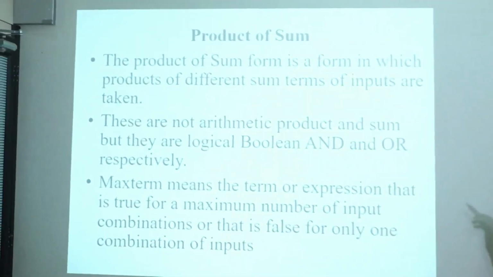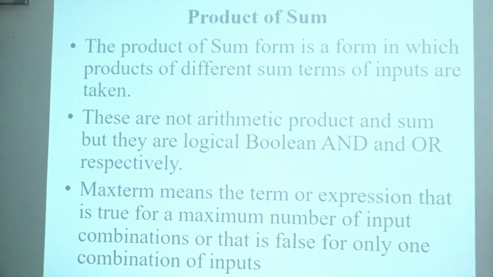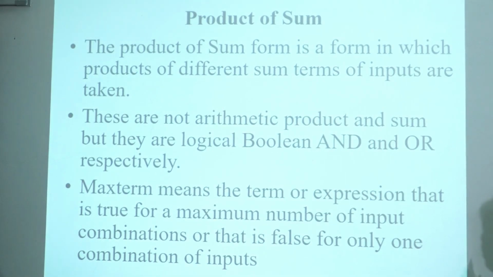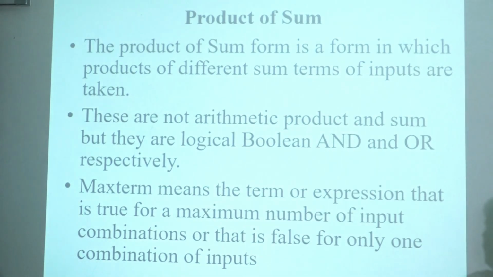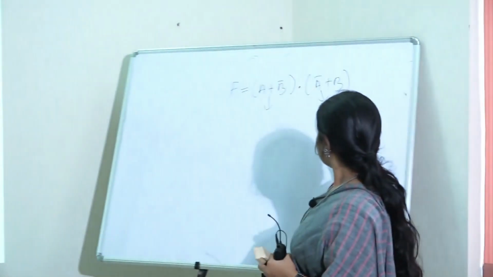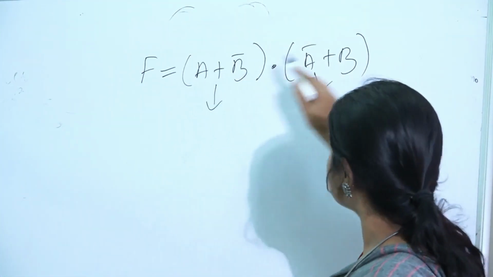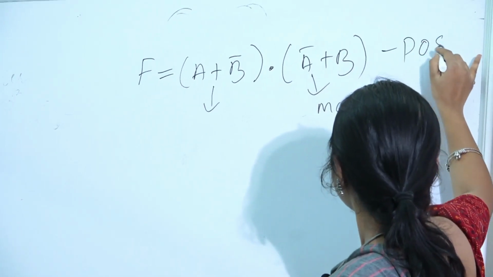The product of sum form is a form in which products of different sum terms of inputs are taken. These are not arithmetic products but logical Boolean AND and OR respectively. The product of the sum terms is nothing but your POS.